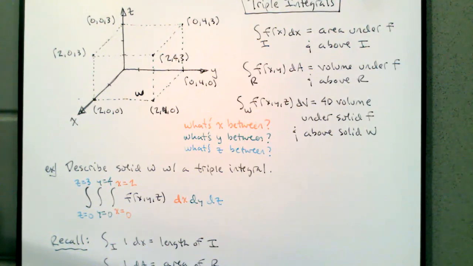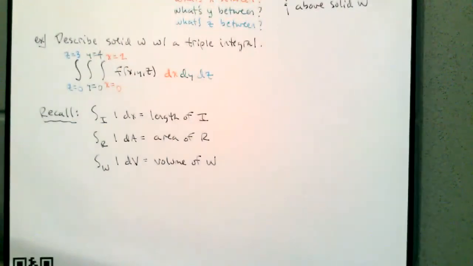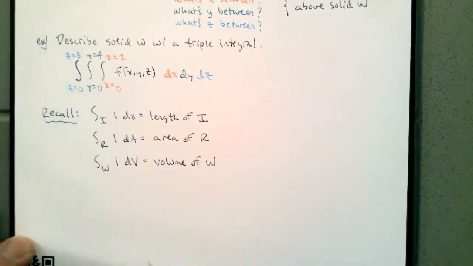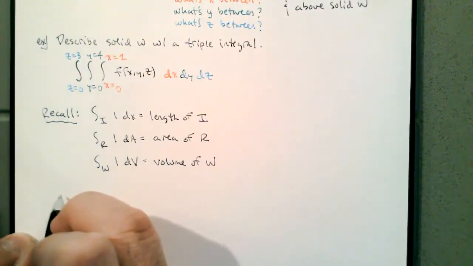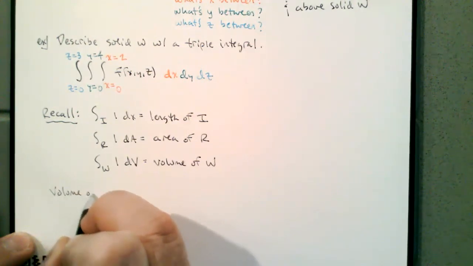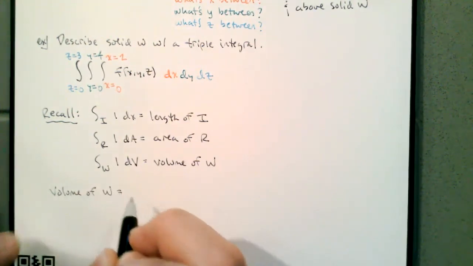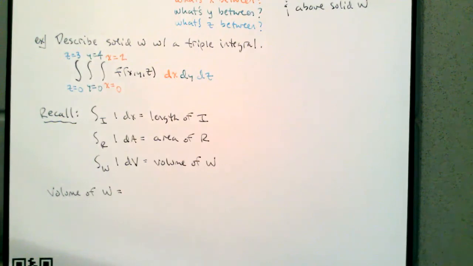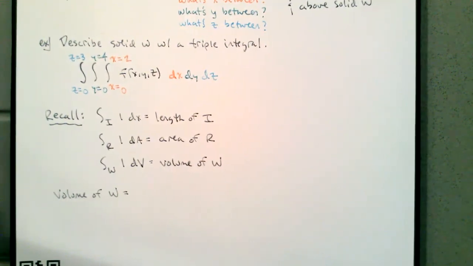Let's write the triple integral of 1 for this solid, and I want to do it in a particular order. So the volume of W from our problem, once again, we know that the volume is 24. The point is not coming up with the 24. The point is taking this thing and making sure it gives us the result.